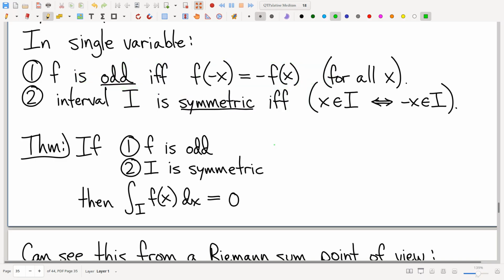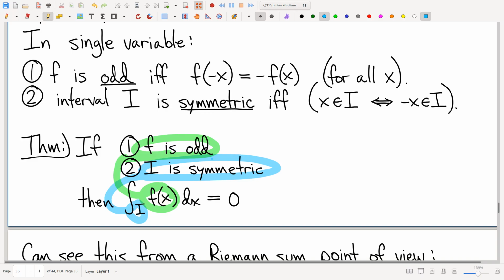And the nice feature is that if you have an integral with an odd integrand and a symmetric domain, now you might have seen this in a Calc 1 class, symmetric domain would be like from negative a to positive a. So this would have been written as the integral from negative a to positive a of f of x.